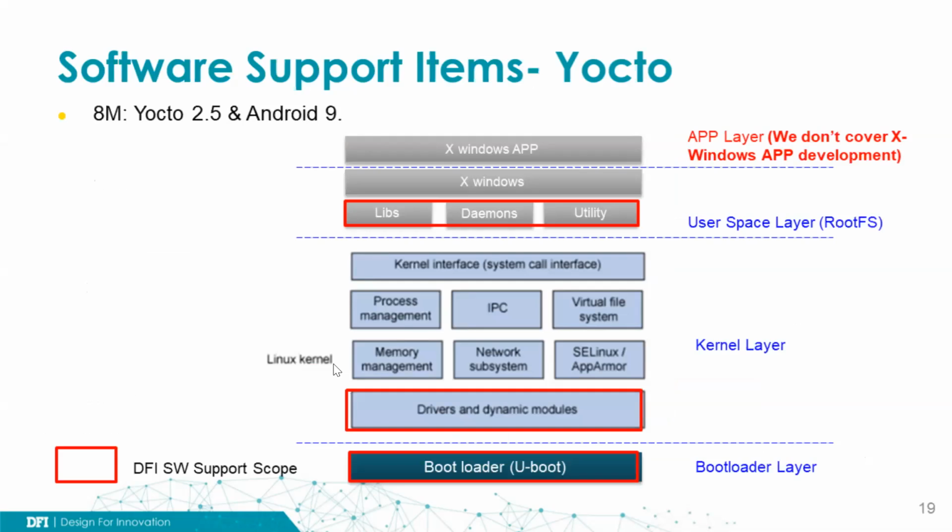So you can see the DFI software will support from the bootloader layer, and for the kernel layer, the driver will be ready for our customer. In the user space layer, we will install the root file system, and the customer will need to handle their application there. So the red color ones are the DFI software support scope.